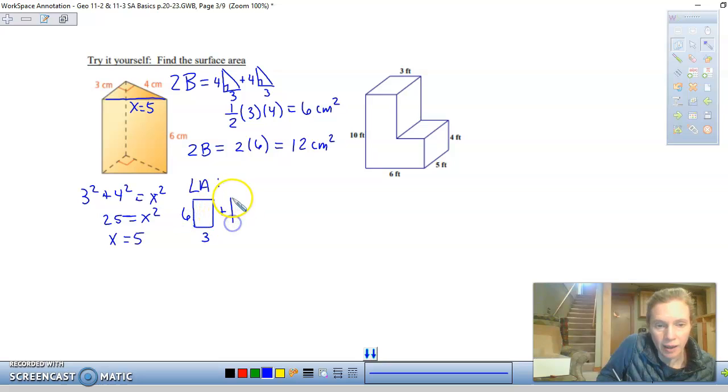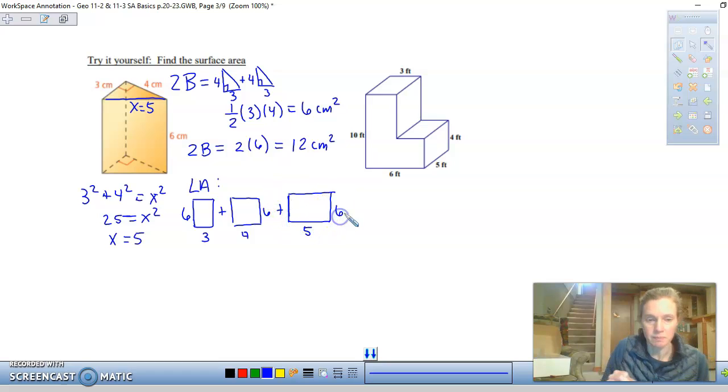Okay, and then I have the one here on the right is 4 by 6. And then I have the one in the front, which we just calculated, the 5, and that is 5 by 6. So area for the lateral area, the rectangles, I get 18, I get 24, and I get 30.